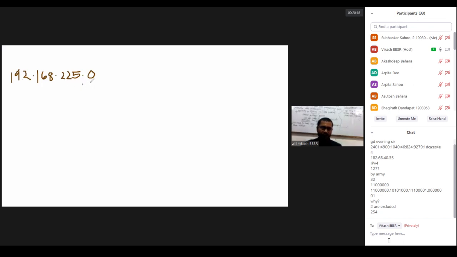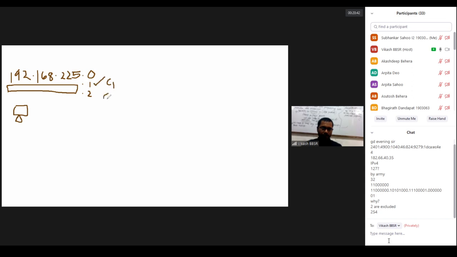Next is .1, next is .2. Suppose this is one computer, computer 1, with this IP address.